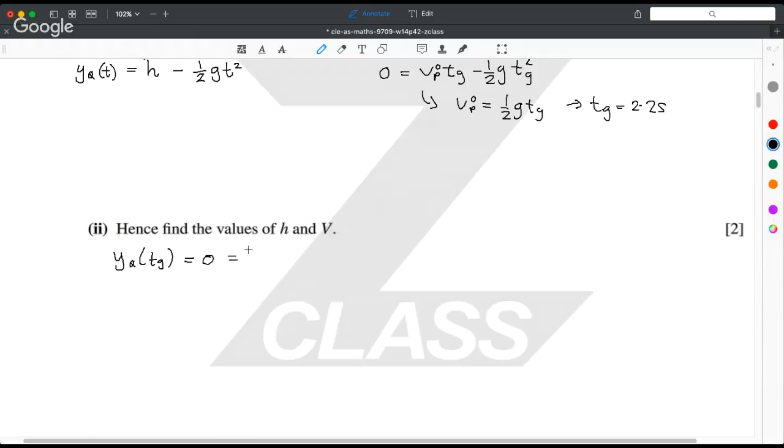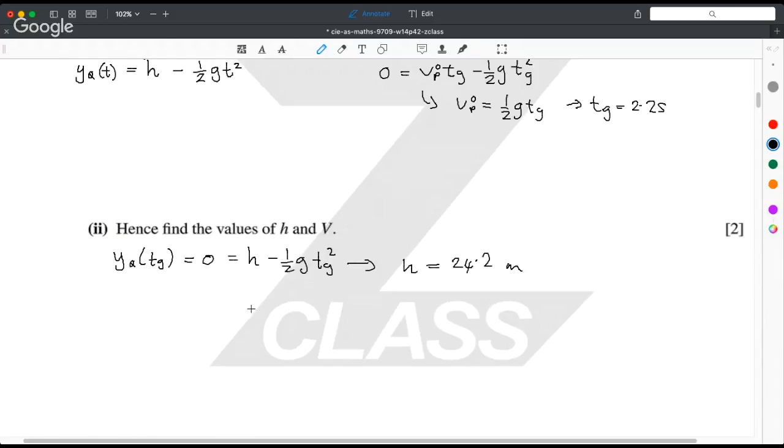And that's going to be equal to, going back to our original equation, the initial height minus 1/2 g t ground squared. We have g and we have t ground, so we can therefore solve for h. And you get that h is equal to 24.2 meters.